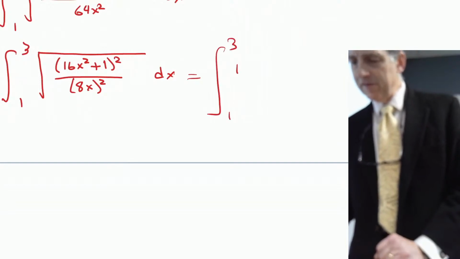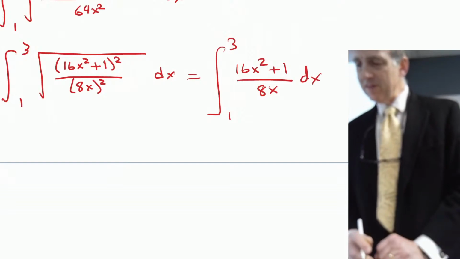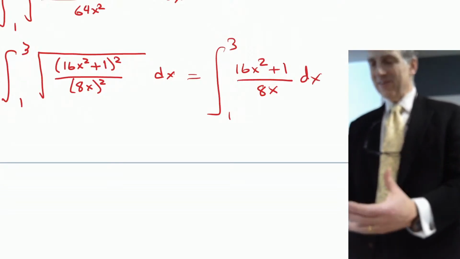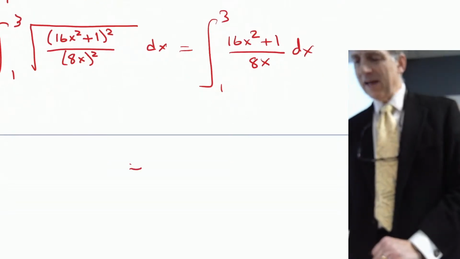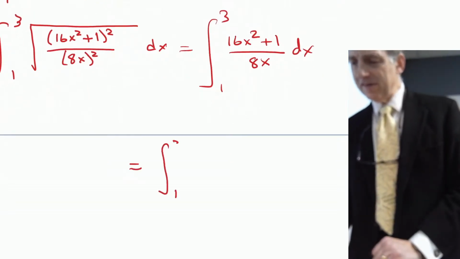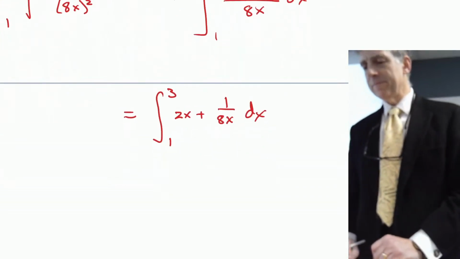So this is going to be 16x squared plus 1 over 8x. Isn't that incredible that it actually factors and you're able to get rid of the radical? Okay, so then this thing becomes this: 2x plus 1 over 8x.